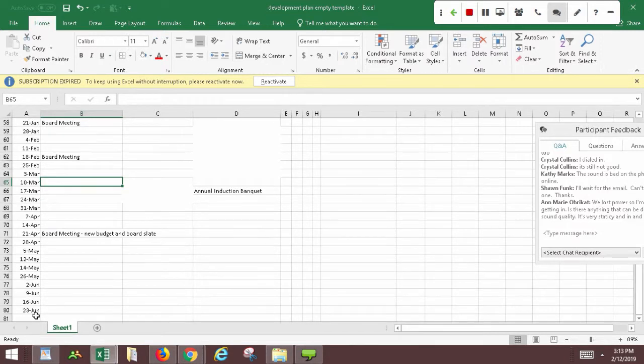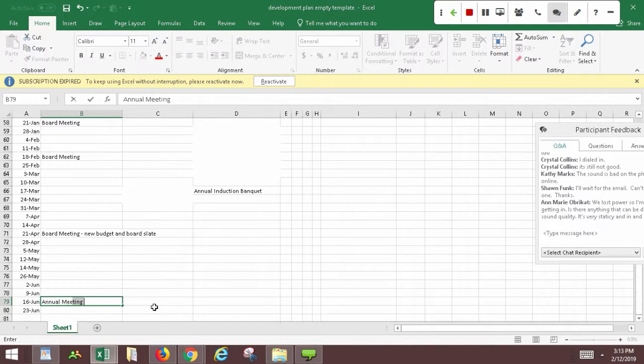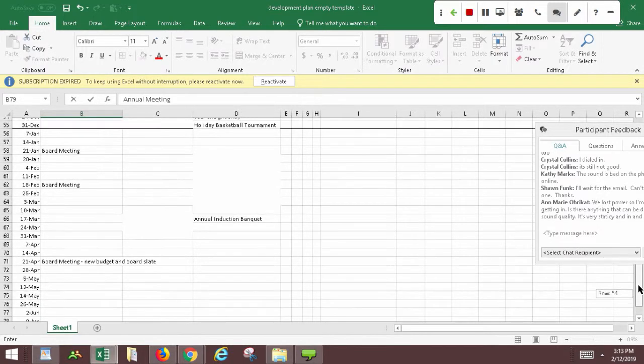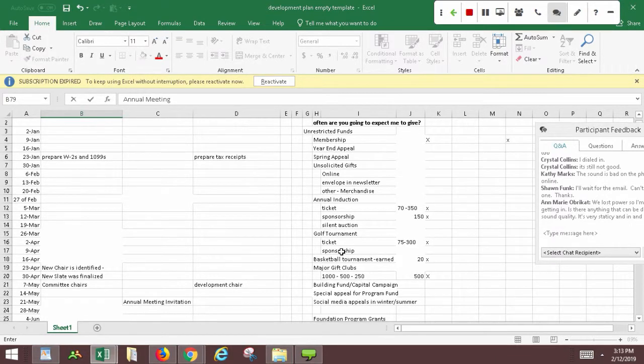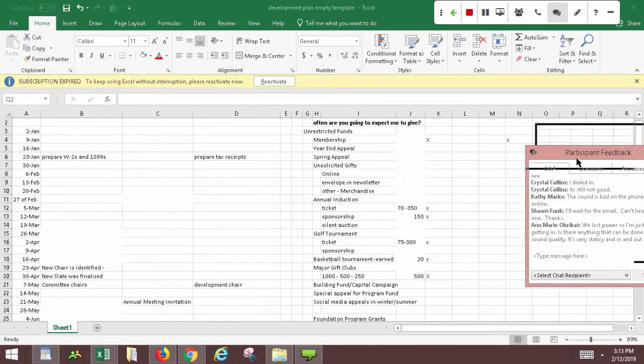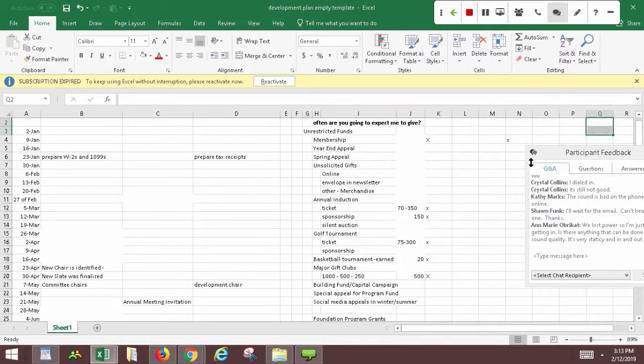And then our annual meeting for the next year. So, ended up with 6 board meetings and committee meetings or fundraising special events or cultivation opportunities in between.